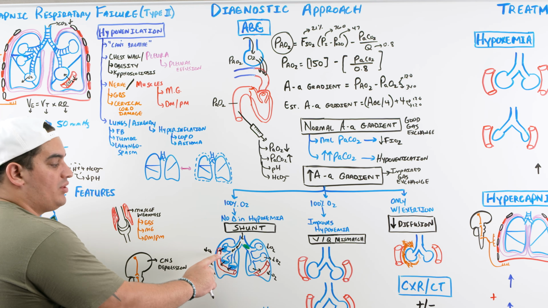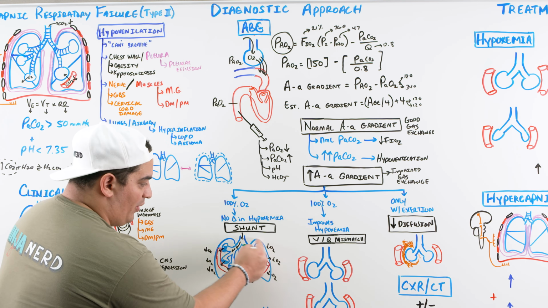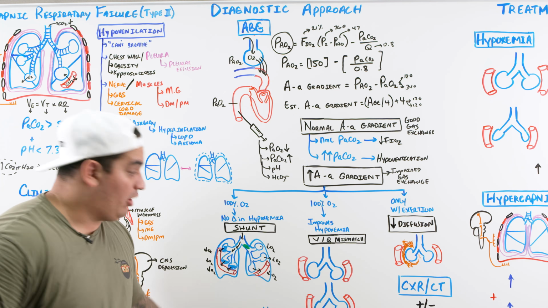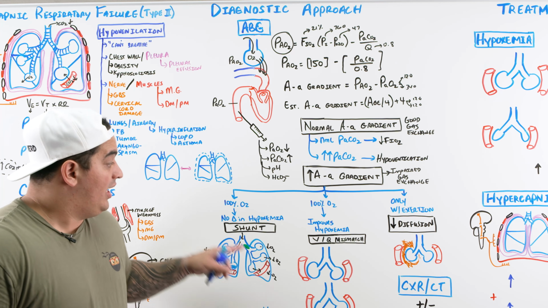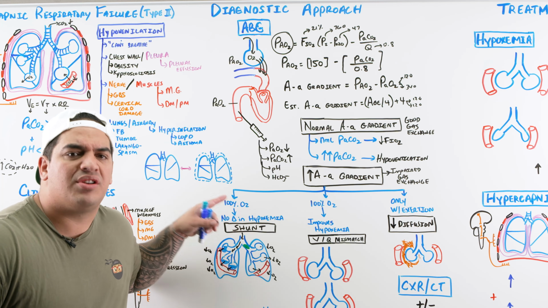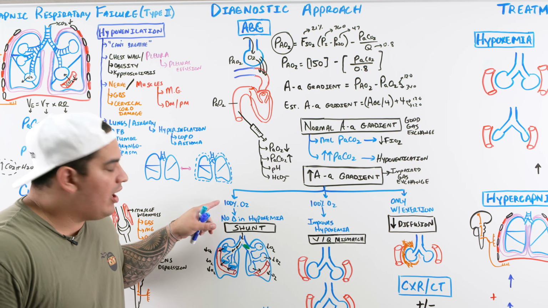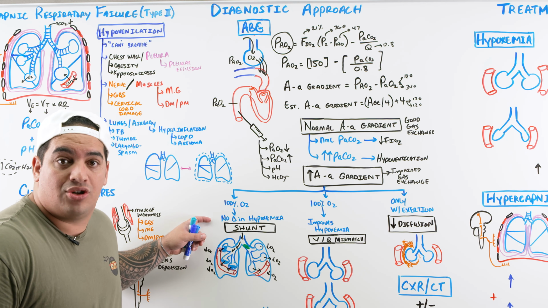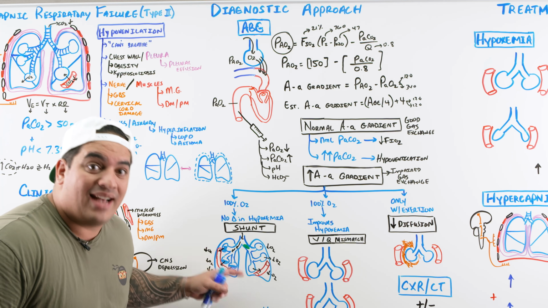I'm going to have most of the blood going to the right lung. All the blood going to the left lung is going to become deoxygenated. That's going to produce a massive hypoxemia despite you giving them 100% FiO2. So if you give them 100% FiO2 and they do not bump their oxygen upwards, it is a massive shunt.